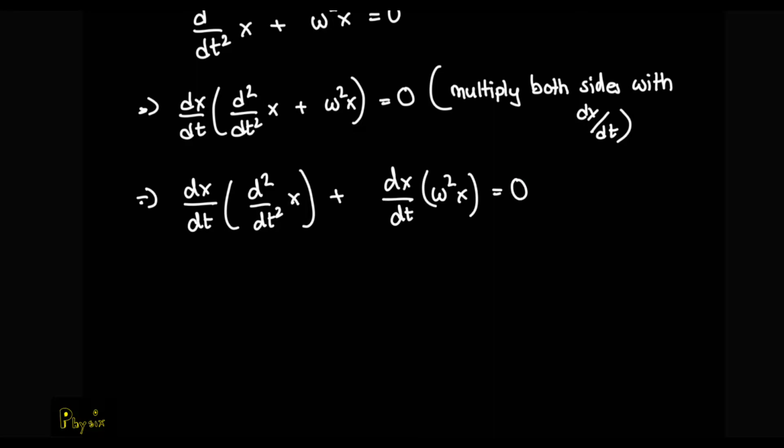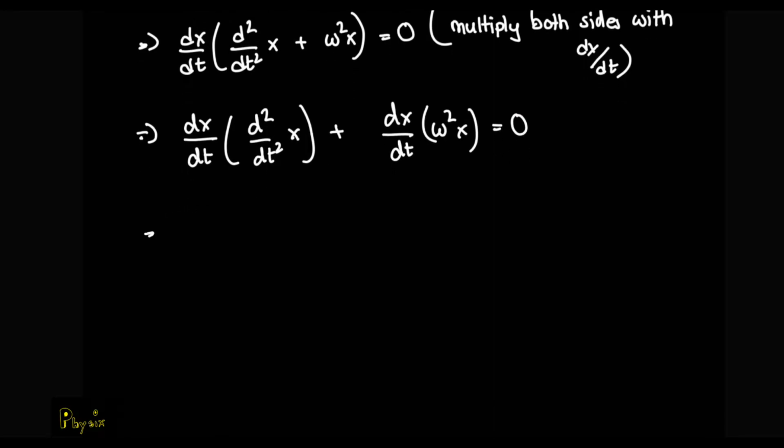Now, using some simple algebra, we could write this dx/dt as the velocity, and then again the second derivative of the displacement function can be written down as the first derivative of the velocity function. And then we could further write the terms that come after this as ω²x dx/dt.